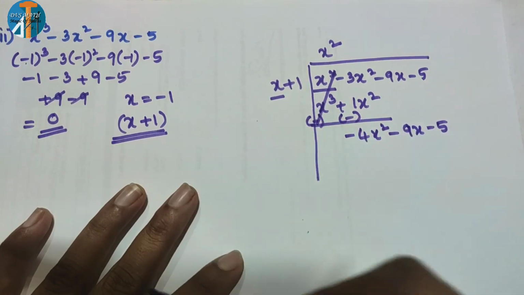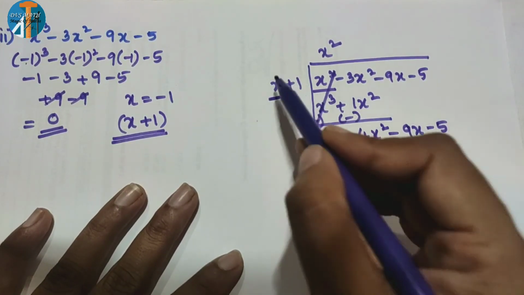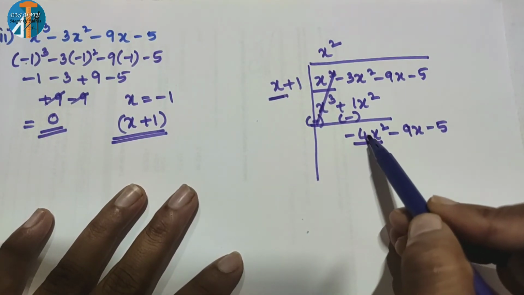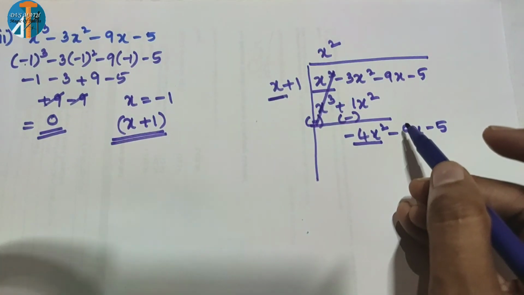Okay, now again what you have to observe? The first term, x square, and it is x, so now you have to multiply by minus 4x, because you have x square and need one more x.